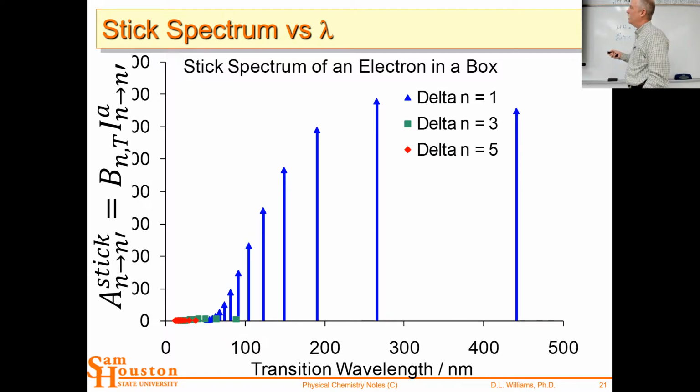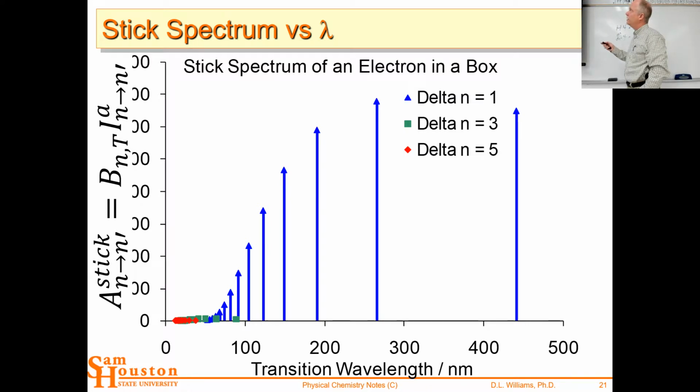Okay. So plotting this versus wavelength, notice the equal energy spacing now is unequal because energy and wavelength are inversely proportional. So you have the fundamental separated over here on the right. That's the shortest energy jump, so that's the longest wavelength. And then the wavelengths get shorter and shorter as the energy levels get further and further apart.